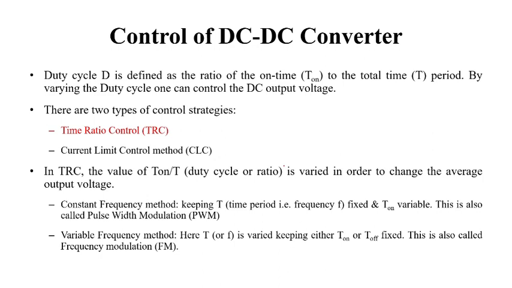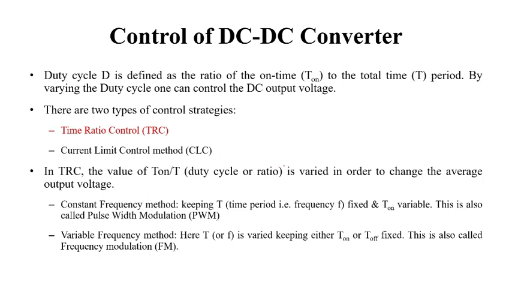How can we control the DC to DC converters? The DC to DC converter can be controlled using the duty cycle. Duty cycle D is defined as the ratio of on time to the total time T. By varying the duty cycle, we can control the output of the DC to DC converter.